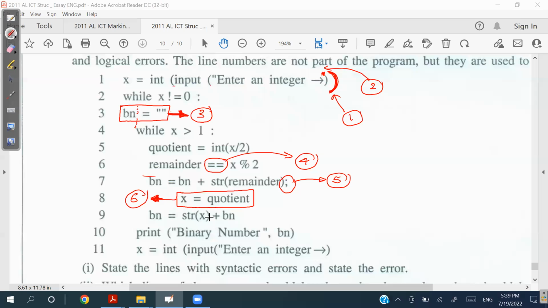And the 9th one is okay. The 10th, the print binary number comma bn, is also okay. And in the 11th, you see a mistake again. You need an extra bracket and you need double quotes over here. So this is going to be 8, and this is going to be 9.